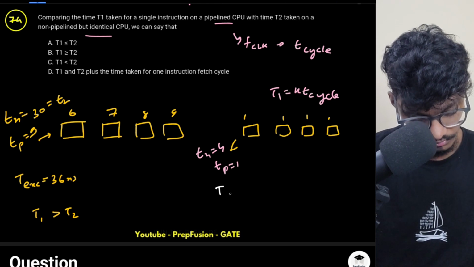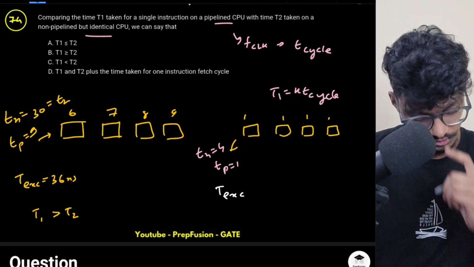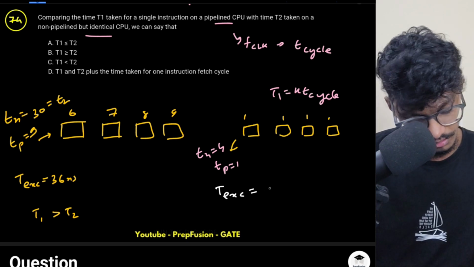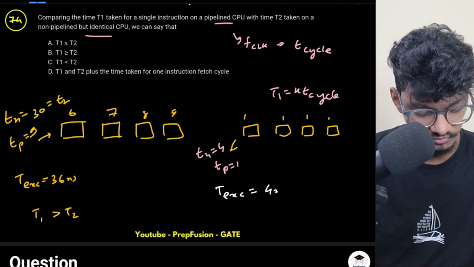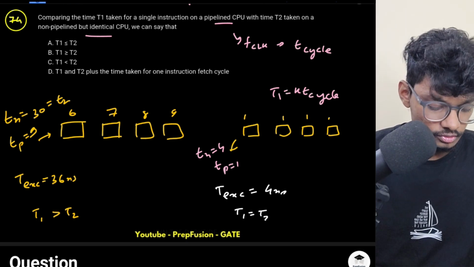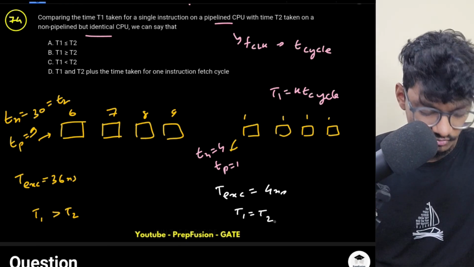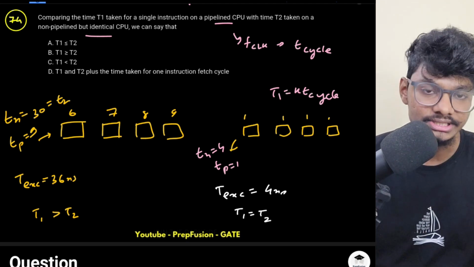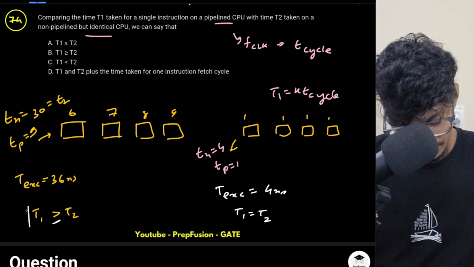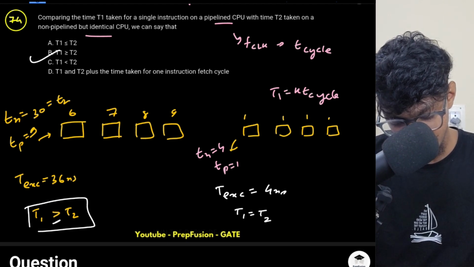That's why T execution here will be simply K times TP. I have 4 segments, so it will be 4 nanoseconds. So here my T1 is simply equal to T2. So for a single instruction, my T1 will always be greater than or equal to T2. So option B will be correct.